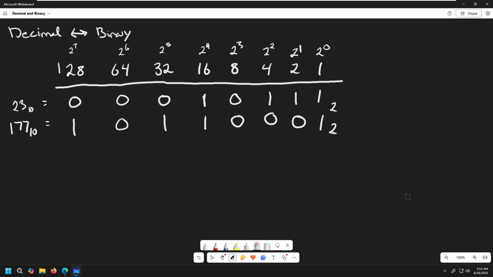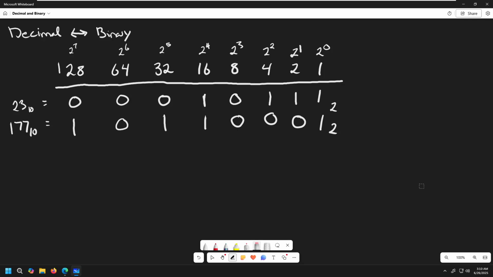Let's do something that doesn't have a 7 in it. 68. I don't have that one listed. There's another one that's 67. There's 70. Let's do 44. Why not? 44.